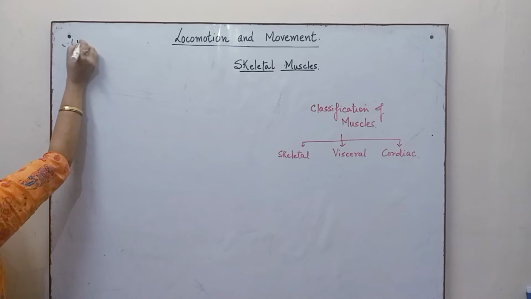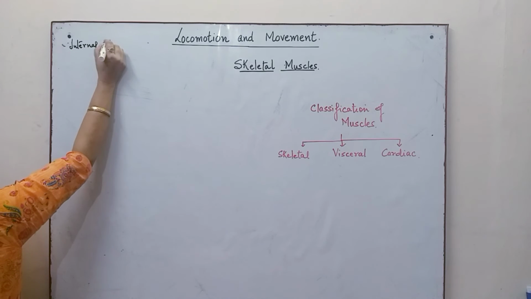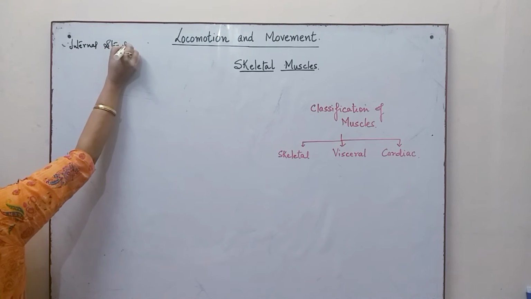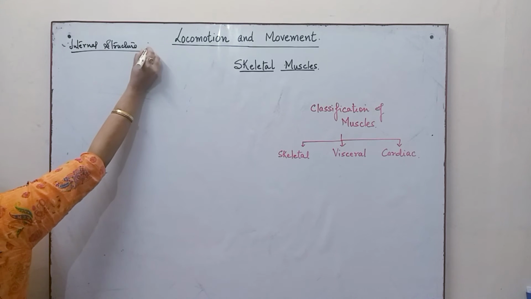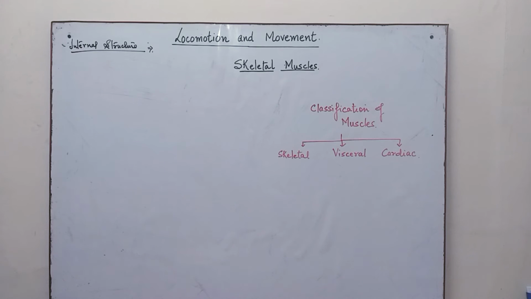Now, each skeletal muscle or a group of skeletal muscle in our body is made up of a number of muscle bundles, and these are known as fascicles. I'll show you with the help of a diagram to make you understand better.